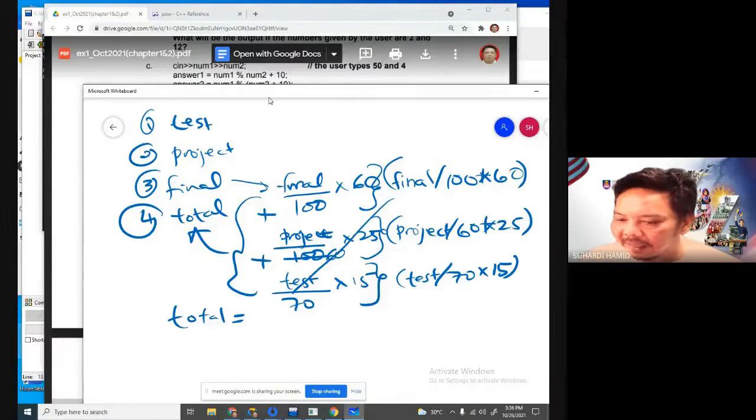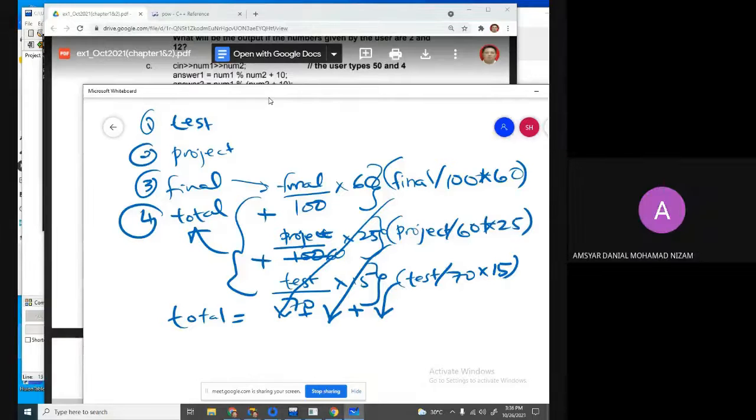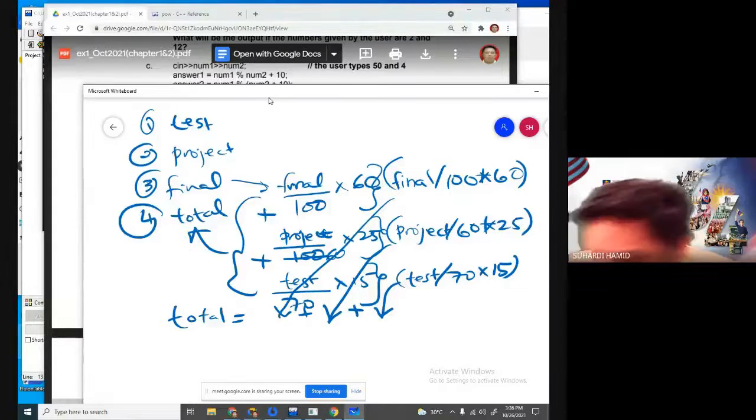equal that plus that plus that. Correct? Yes, sir. There you go. Question. Does it work now?